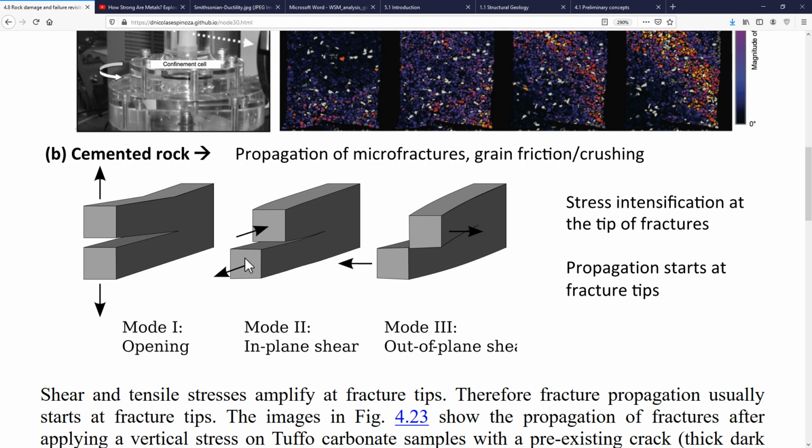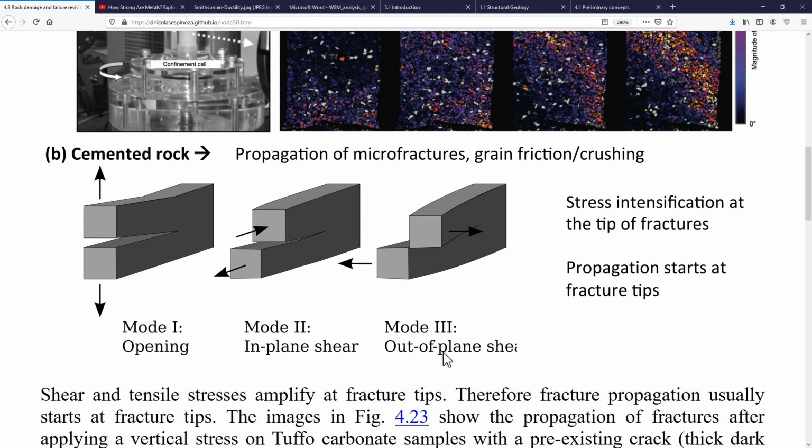In the in-plane shear mode, as you can see in the figure, we have a shear which applies a displacement which is in the same direction as the propagation of the fracture. So here's the tip. If I were to propagate, this fracture would go and continue in this direction.